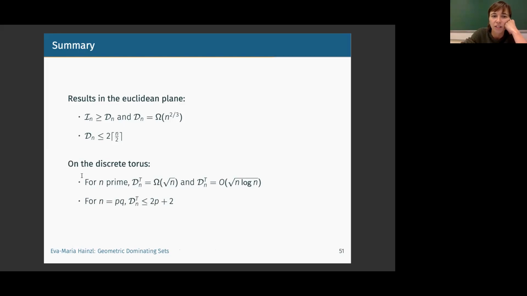Then on the discrete torus, for n prime, the domination number is bounded from below by square root n and from above by square root n log n. And for composite numbers n that factor into p times q, where p is a prime factor, we can bound it from above by 2 times p plus 2. Right, so that was a quick talk.